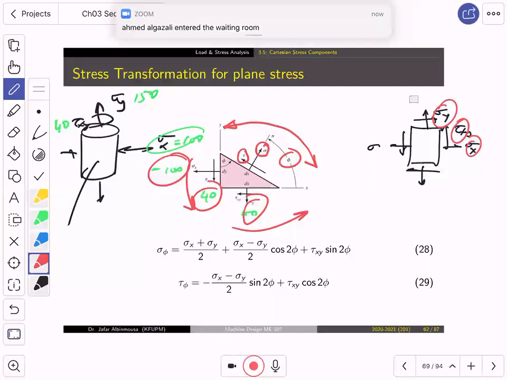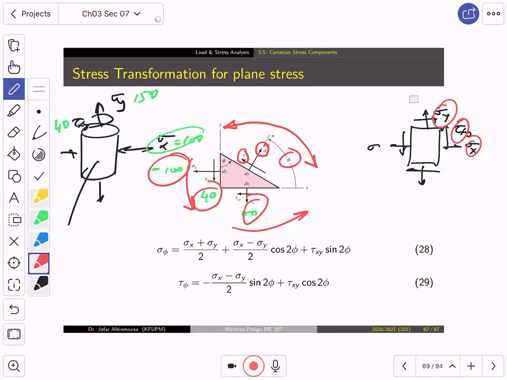And because stress is a field, as I told you many times, you can have an infinite number of planes with which you can cut the material and get a different value for stress.